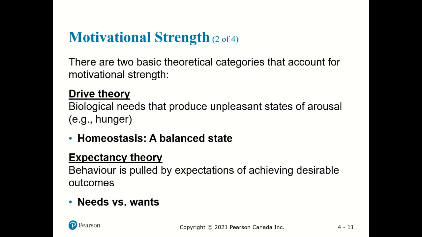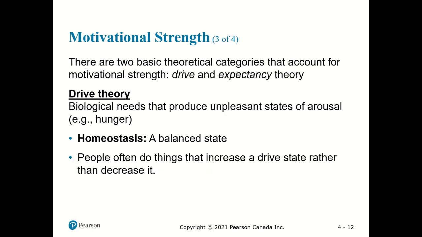So there are two basic theoretical categories that account for motivational strength. The first one is drive theory, a biological need that produces an unpleasant state of arousal, such as hunger. Homeostasis means a balanced state, and expectancy theory says behavior is pulled by expectations of achieving a desirable outcome, maybe a need or want.